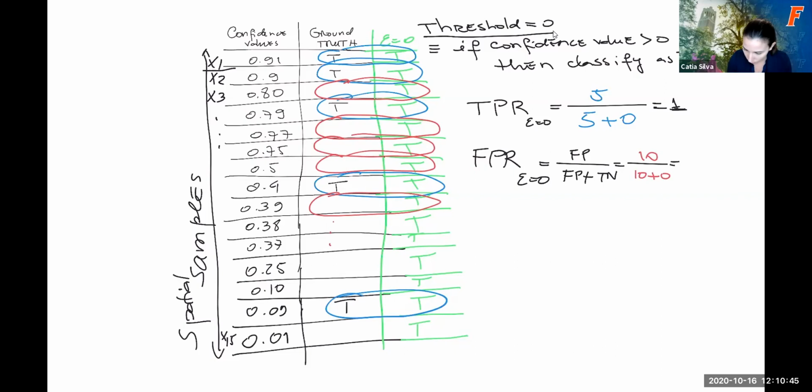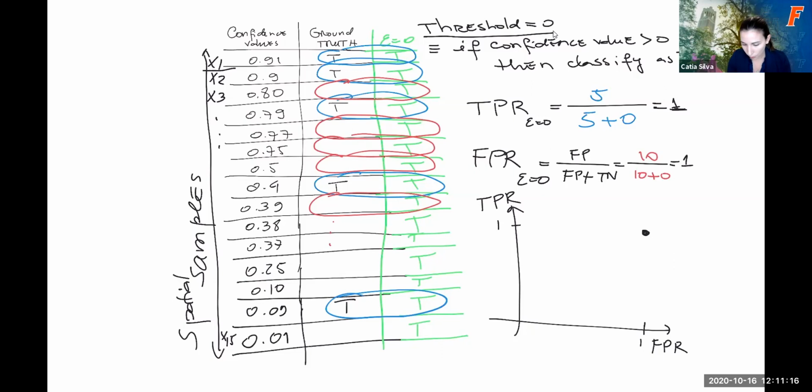So FPR is equal to 1. That's a terrible value for FPR. But in terms of our curve, that point is going to be here. And now we're going to build more points with different threshold values to build a curve.